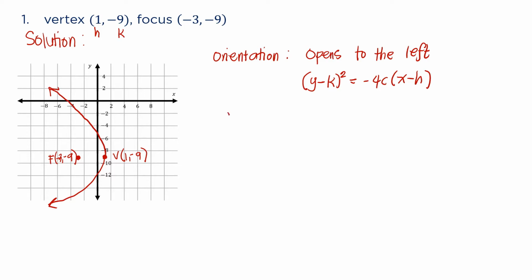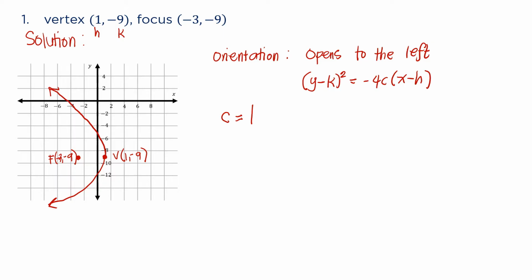So c is equal to, since they are horizontally aligned, the absolute value of the difference of the x-coordinates of the points. If they are vertically aligned, you just take the absolute value of the difference of the y-coordinates. And if they are diagonal, we use the distance formula that you know.